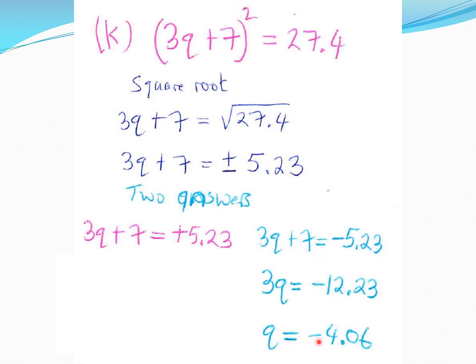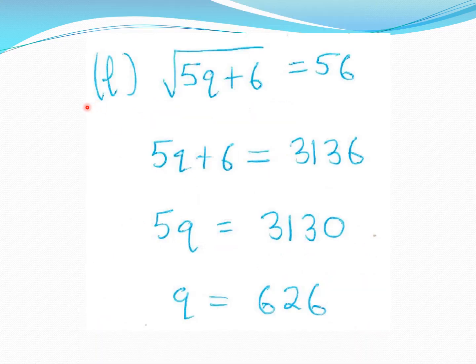Q equals, divide the minus 12 by 3, q equals minus 4.06. So finally, for this question, 3q plus 7 all squared equals 27.4, we have the two answers. Q equals minus 0.59 or q equals minus 4.06.